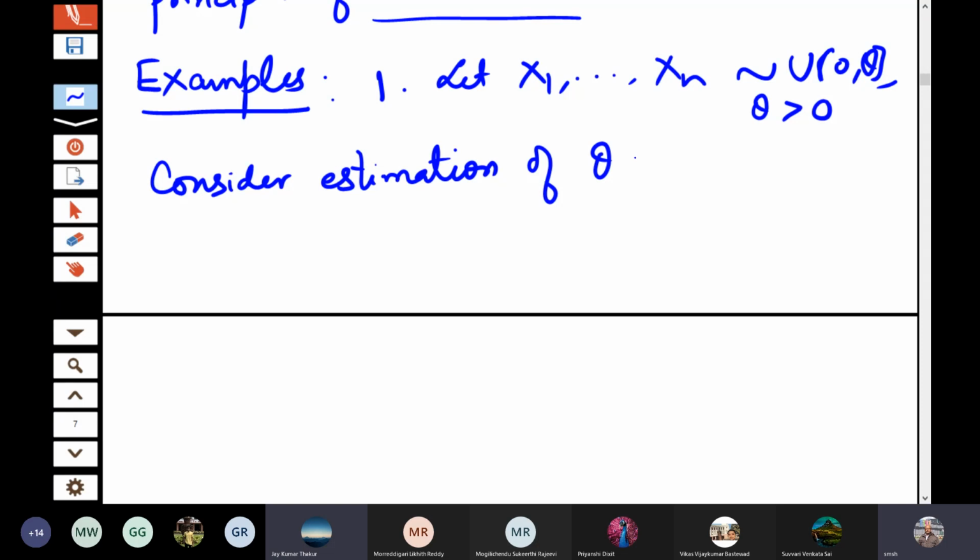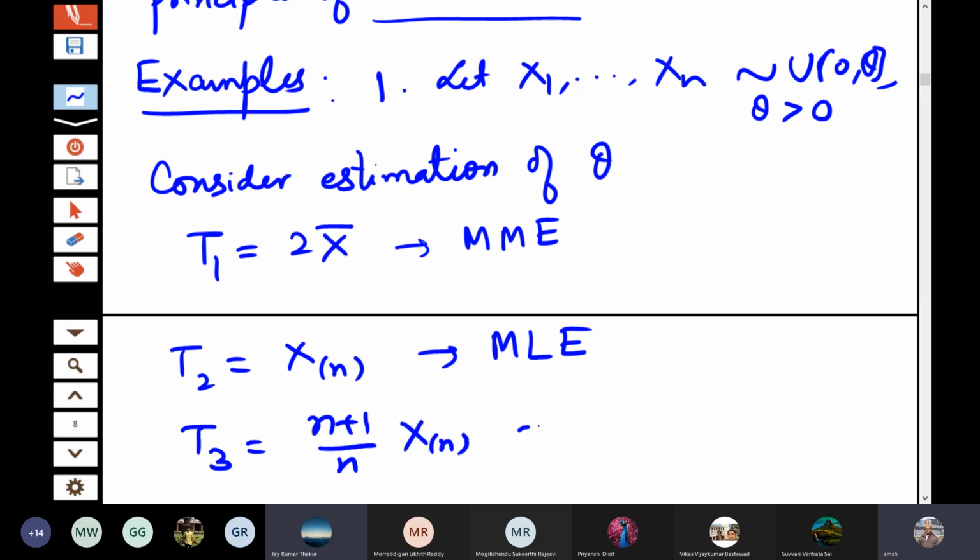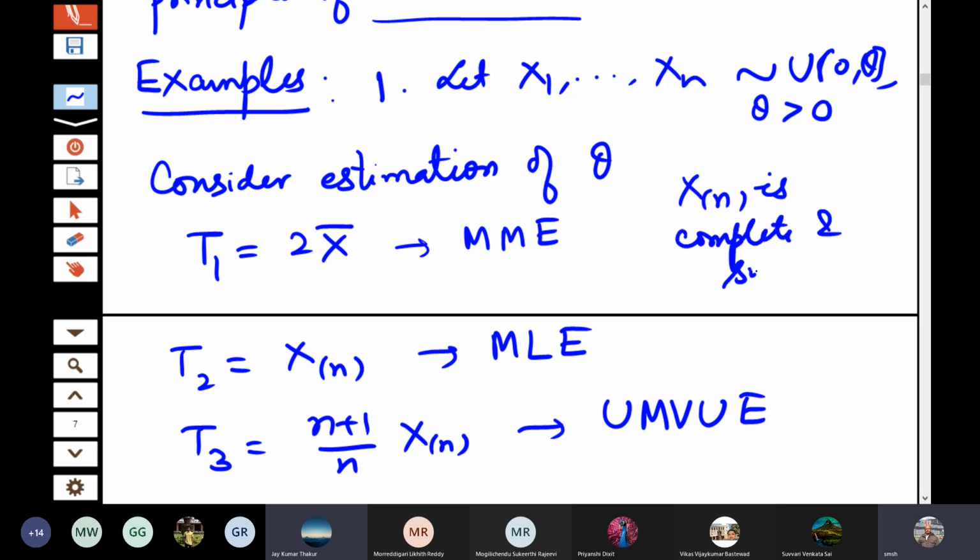We obtained the method of moments estimator, T1 equal to 2 X bar, that is the method of moments estimator, isn't it? Then we had T2 which we call Xn, that is the maximum likelihood estimator. Then we had T3, that is (n plus 1)/n times Xn, that is the uniformly minimum variance unbiased estimator, because here Xn is a complete and sufficient statistic. You remember this because we have discussed this problem in detail.